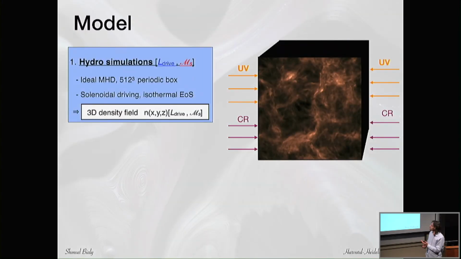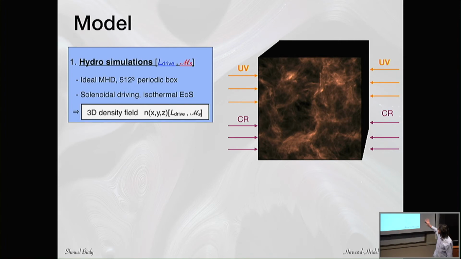So how do we do this? Basically we run MHD boxes with turbulence: ideal MHD, 512 cubed periodic boxes with driven turbulence, with an isothermal equation of state. What we get is something like this, a box with density in each cell.